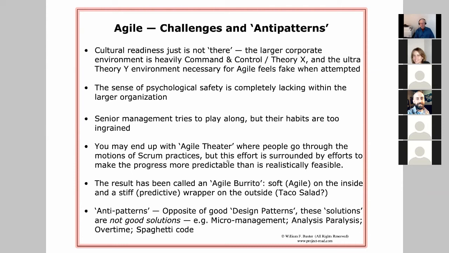So they're going through the motions, but it's just not real, and it's not going to work because they're just not really doing it right. And so the result of that, I've heard it called an Agile burrito. Sometimes you'll see these soft Agile practices on the inside, but a stiff wrapper of predictive practices around the outside.